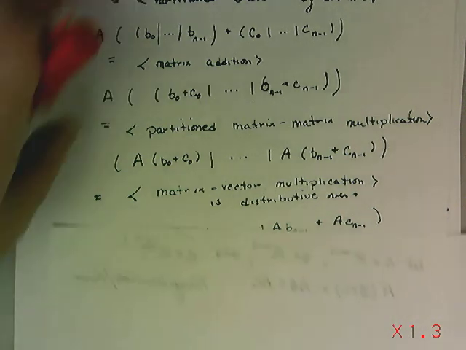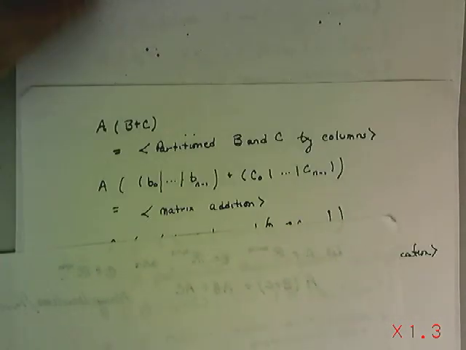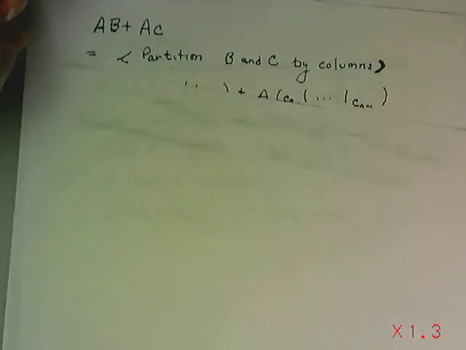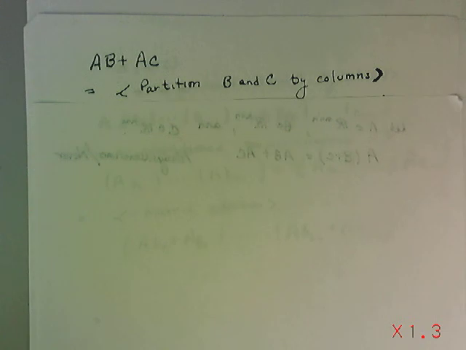Now, let's go back and look at what the other value would be if I try to simplify AB plus AC on scratch paper. Well, again, I'm going to partition by columns.